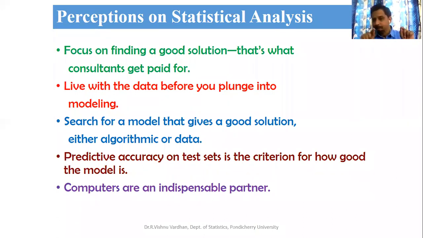To address such a contribution or role of each independent variable, we have to take the support of variable selection procedures. In each and every multiple regression based model, like linear regression, logistic regression, discriminant analysis, everywhere we have certain steps to select which variables contribute more towards explaining my response variable.